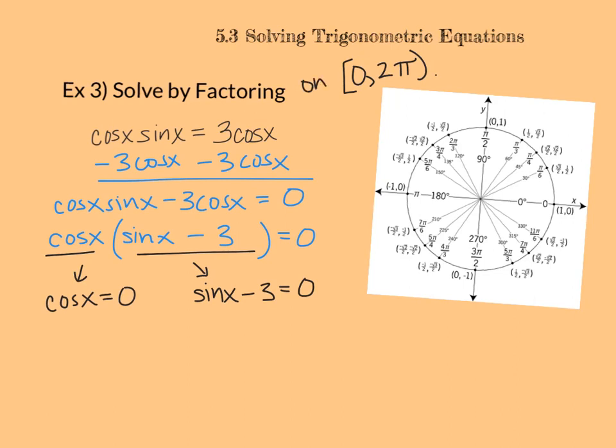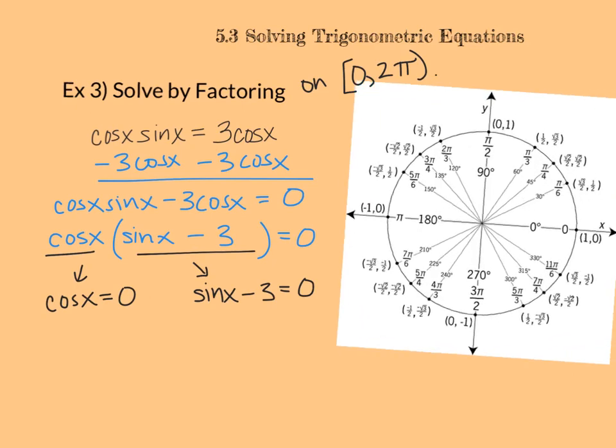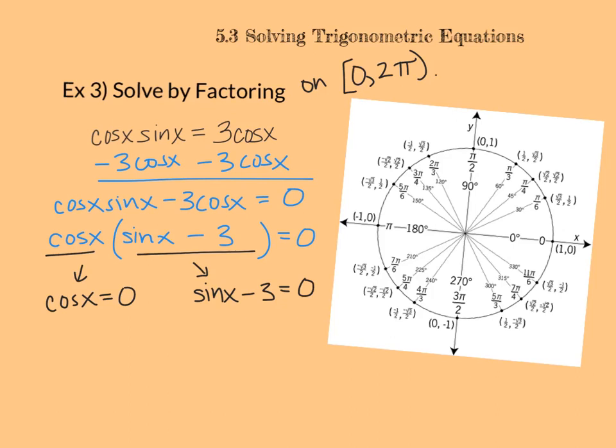Okay. Now, in order to solve these, this one's already basically almost solved, right? We just want to know where's the cosine 0. This one requires a little bit more. So let's first focus here. Where is our cosine 0? Well, cosine is the x value. So our x value is 0 here at pi over 2, and then here at 3 pi over 2.